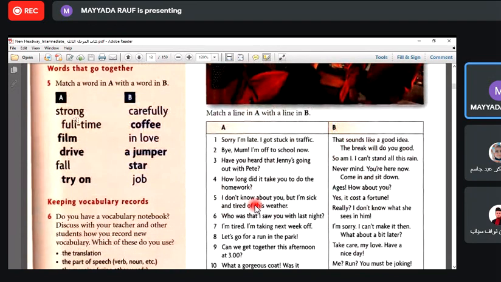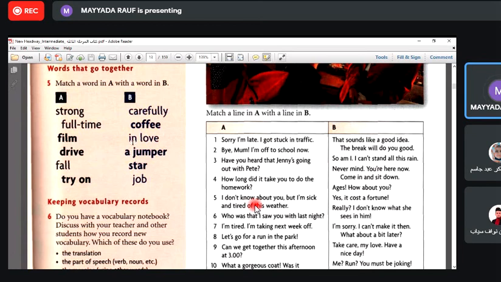Here you have to match words in A with words in B, depending on idiomatic use. Idiomatic use means that sometimes we have words that cannot be used randomly with any word. So here, for example, we have strong, full time, film, drive, full, try on.